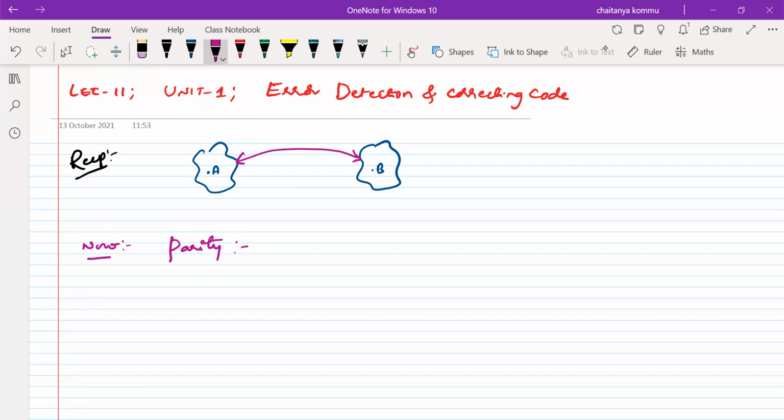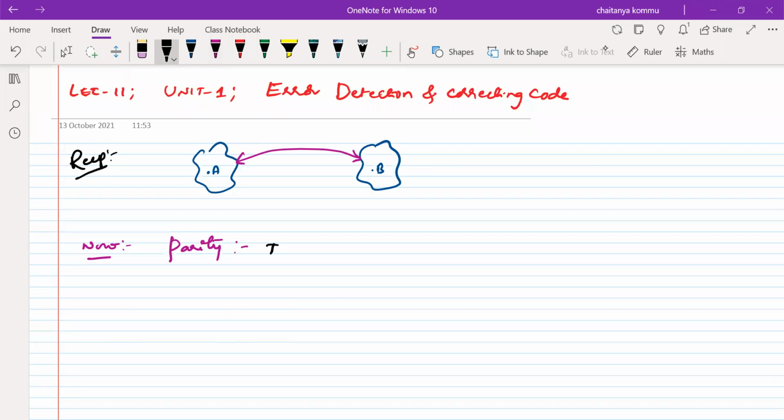What do you mean by parity? It is one bit of information which tells us whether the number of ones in a given message is even or odd. The parity information tells us whether the given message contains an even number of ones or an odd number of ones. Ultimately we are sending binary information only.